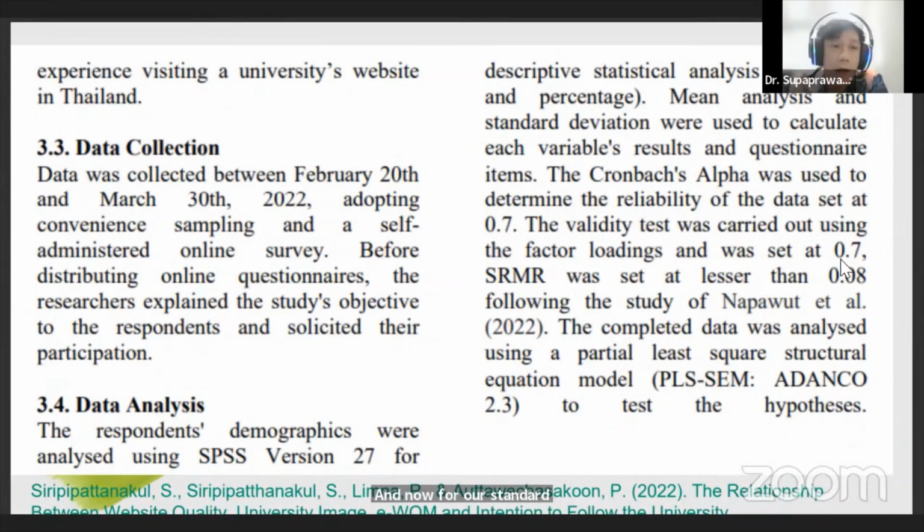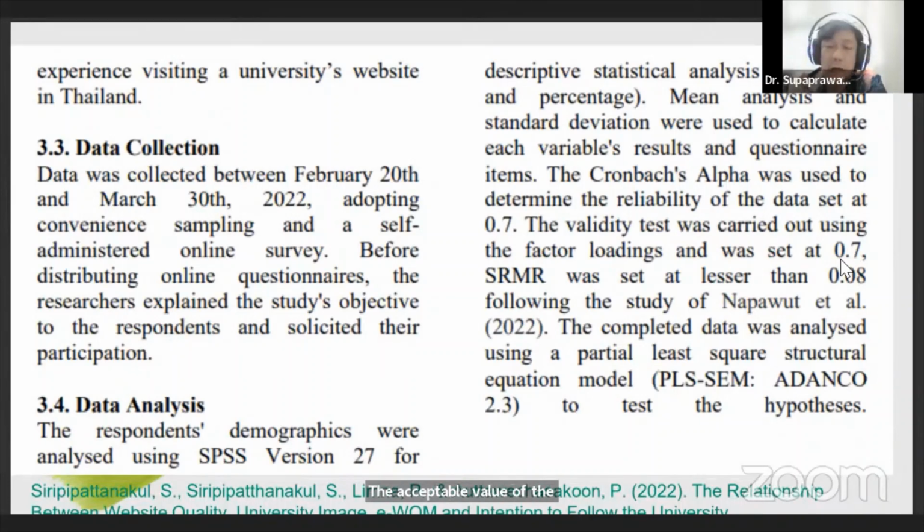And when you use SEM, the SEM could include the data of Cronbach's alpha, the SRMR, and the factor loadings. And it's good if the researcher explains the acceptable value of Cronbach's alpha.